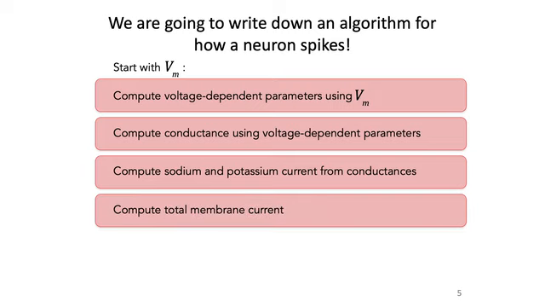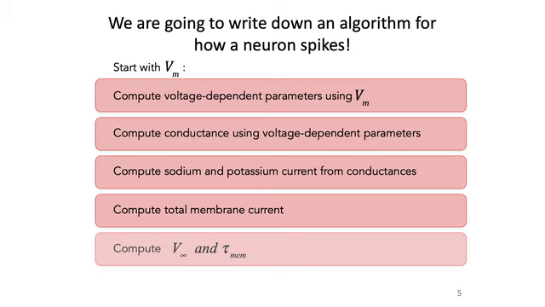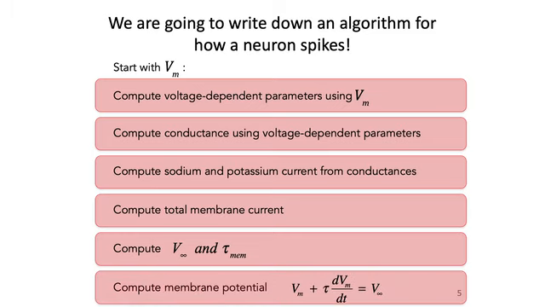Once you have the currents, you can compute the total membrane current just by adding them all together. Then you compute V infinity, which is just the current times the effective resistance. Then we're going to integrate our first-order linear differential equation to get a new voltage as a function of time and V infinity. And then we're just going to go back and start again.